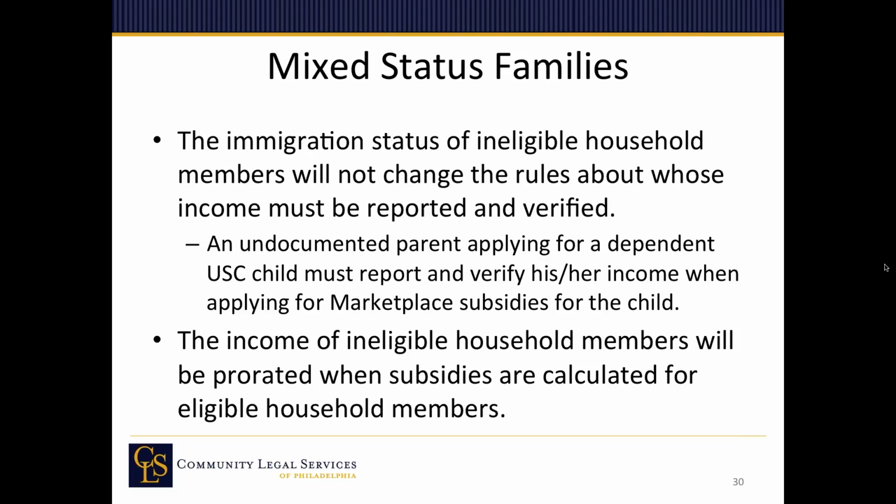So it'll be 2% of half of the undocumented parent's income that will be the premiums this household is expected to pay. The income has to be reported and verified, but there is an extra step for mixed status families when the marketplace is calculating what the premium tax credits will be for those households.